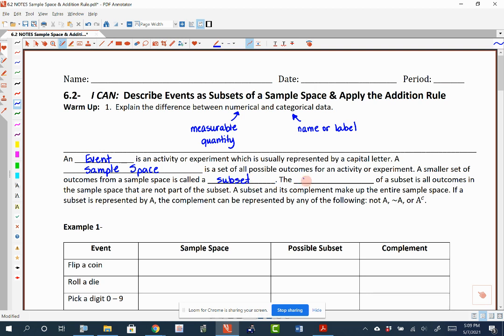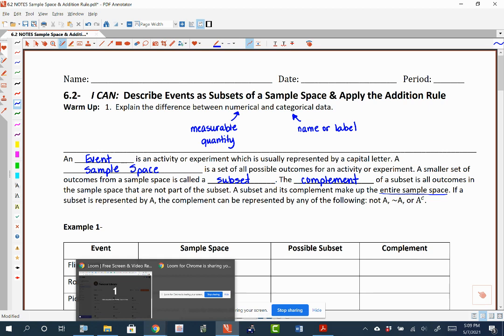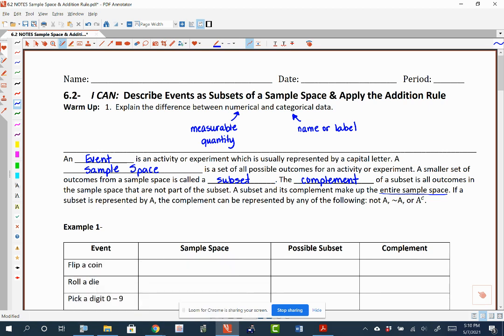The complement of a subset is all outcomes in the sample space that are not part of the subset. So this will make a little more sense when we start looking at an example. A subset and its complement make up the entire sample space. And if a subset is represented by A, the complement can be represented in a few different ways.